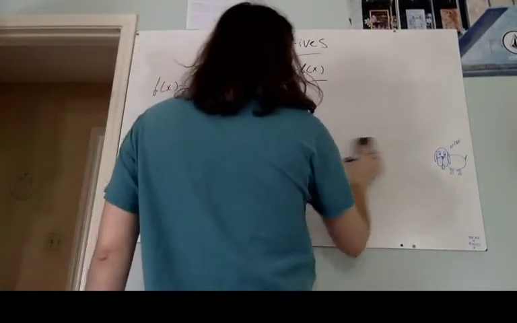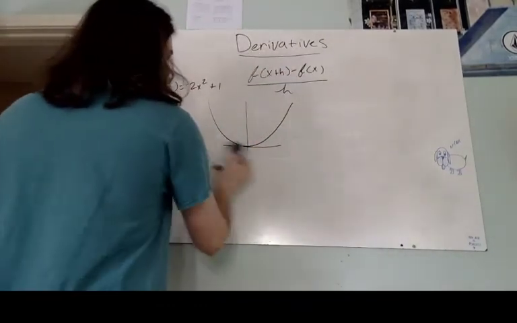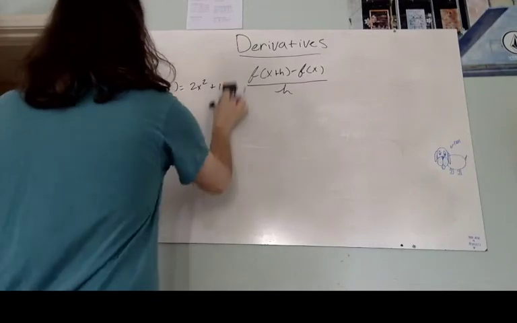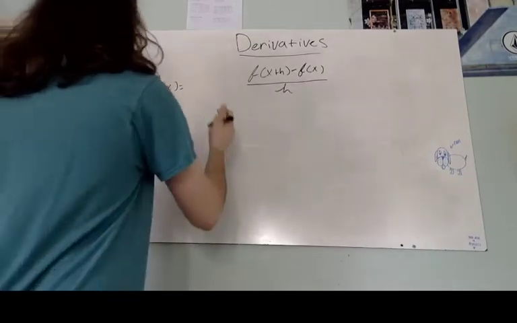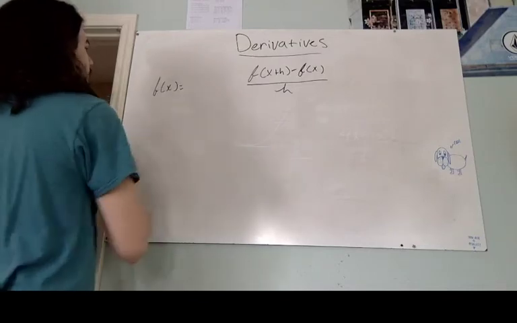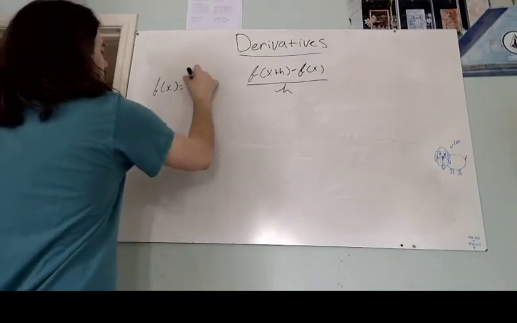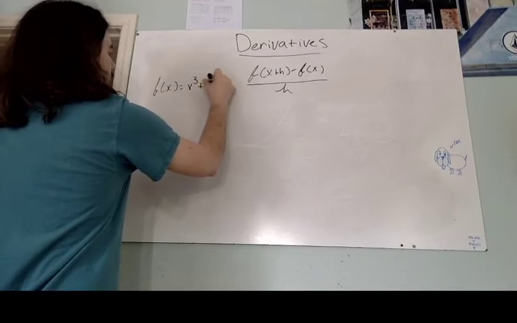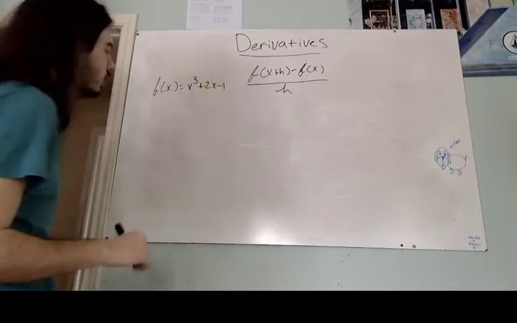But let's say we have a little bit more complicated function. So let's say I have something like x cubed plus 2x minus 1.